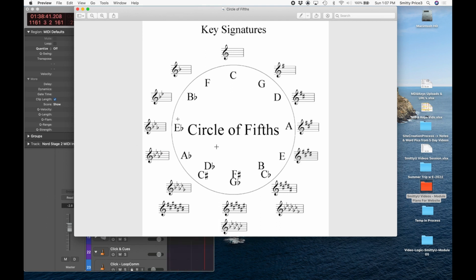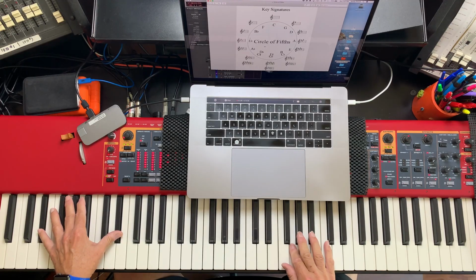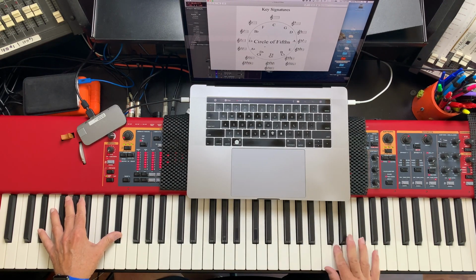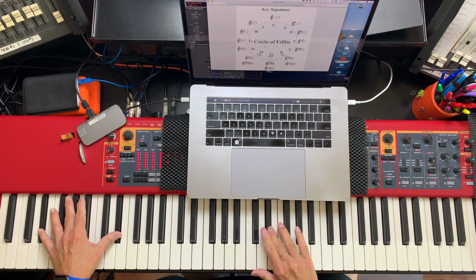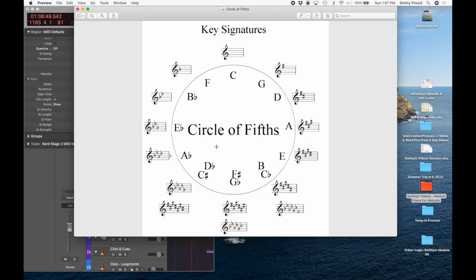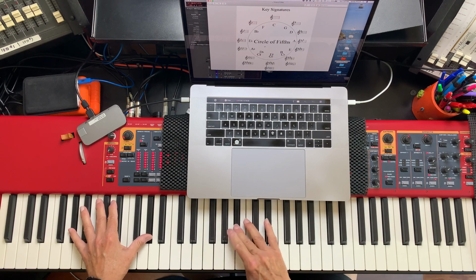All right, so E flat has 3 flats in it. Continuing on, A flat. Here we're going with our same method. 1, 2, 3, 4 flats over here in A flat. Okay, one more, now to D flat.